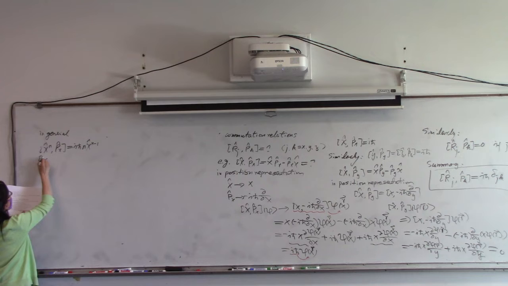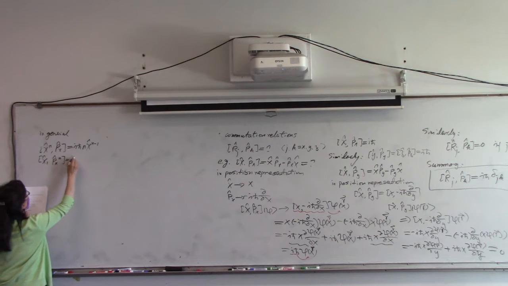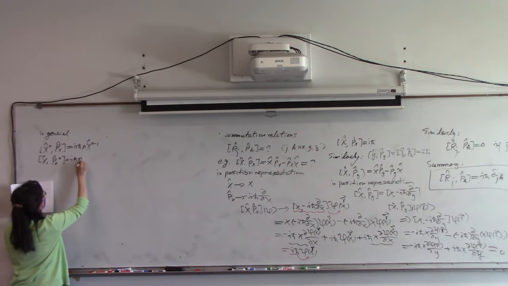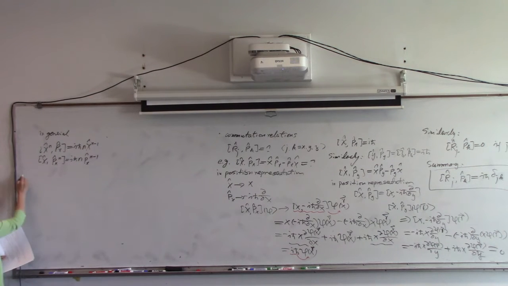Another is x and px to the nth power, which is i h bar n px to the n minus 1. So now let's prove the first one, and you can do the same thing for the second one.